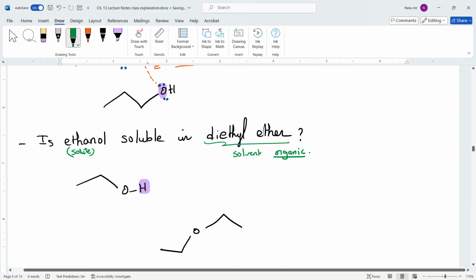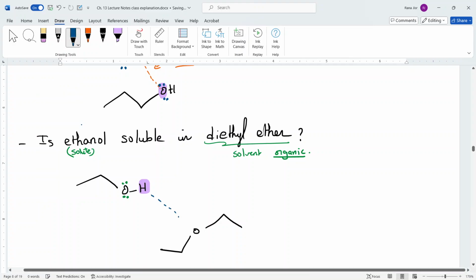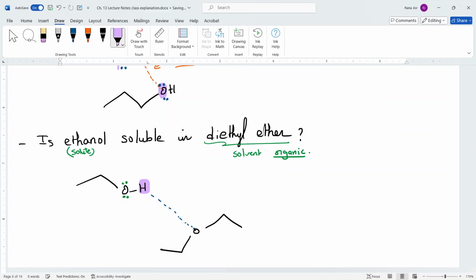I can apply the condition for hydrogen bonding that says hydrogen connected to an electronegative element, and this hydrogen here is going to interact with the oxygen, which is an electronegative element. So over here I do have hydrogen bonding in this case. So yes, these are soluble in each other.